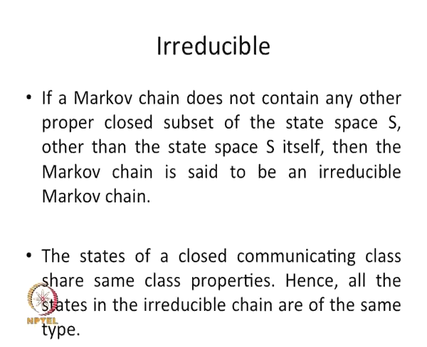Whenever the state space cannot be partitioned into more than one proper closed set, that means you can have only one closed set and that is the same as capital S. All the elements in the state space form only one closed set. In that case, that Markov chain is called irreducible. Irreducible means you cannot partition the state space.